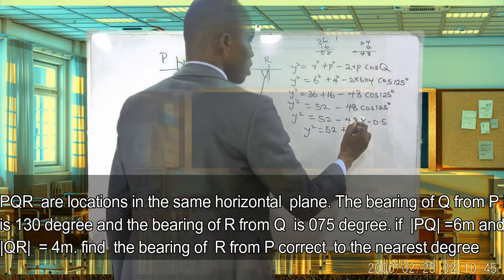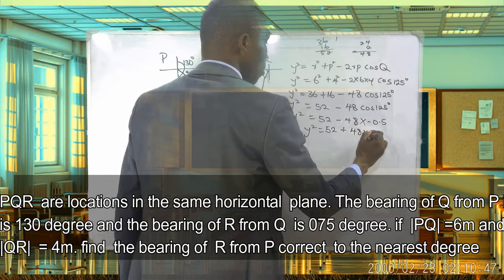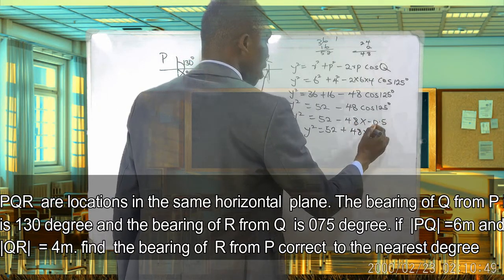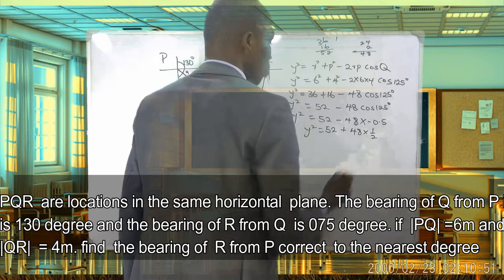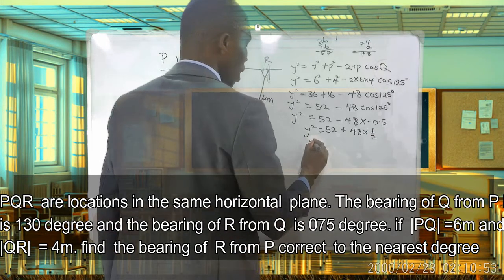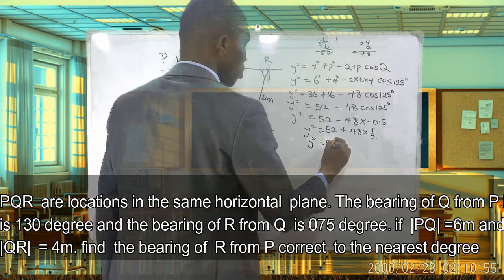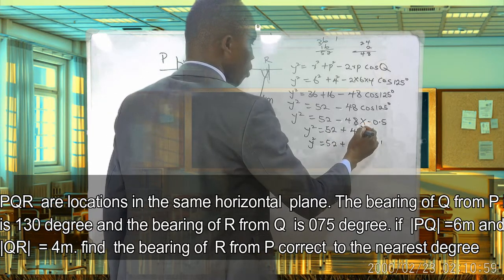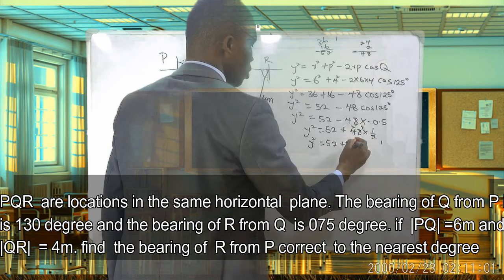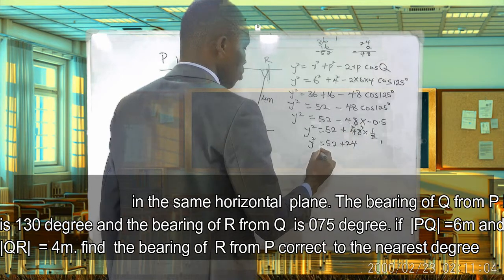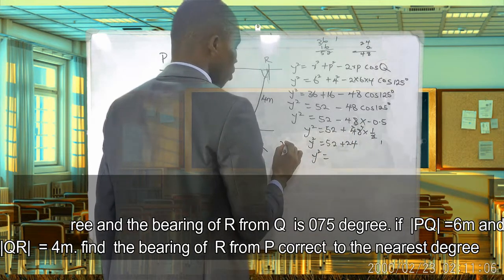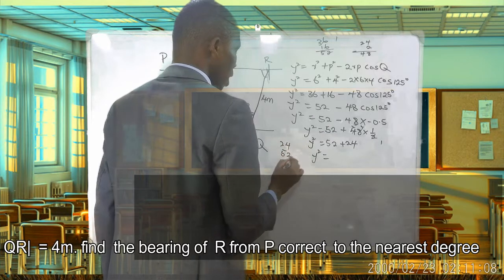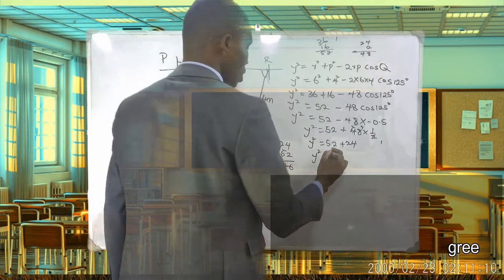Then you now have this. Remember that 48 multiplied by 0.5 means 1 over 2, so don't get confused. Y squared will give us 52 plus 24, which is 76.